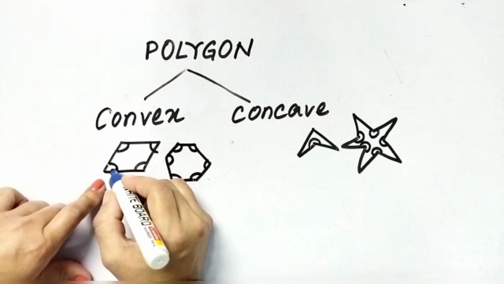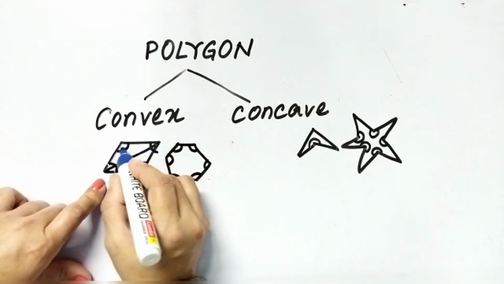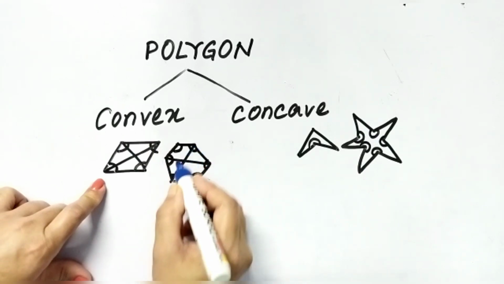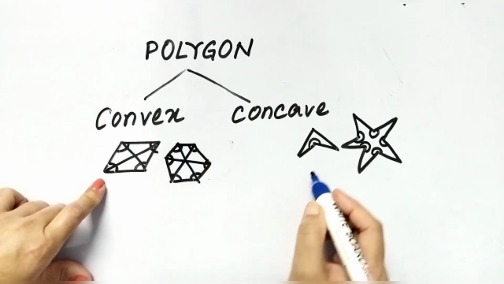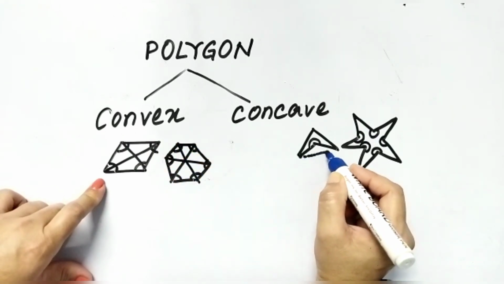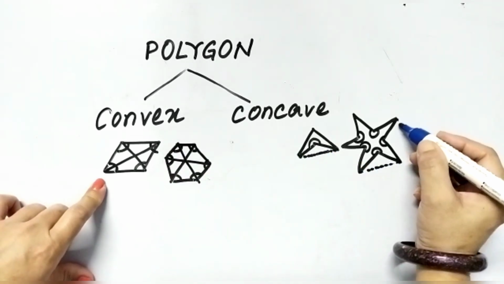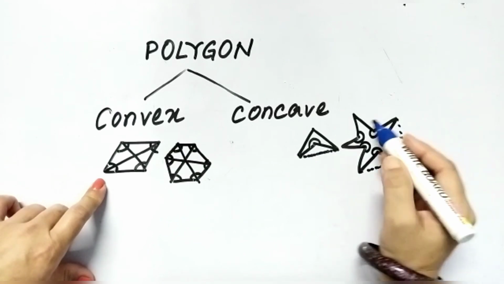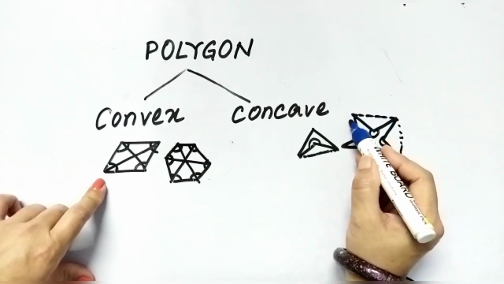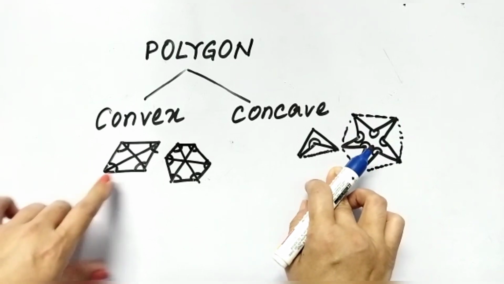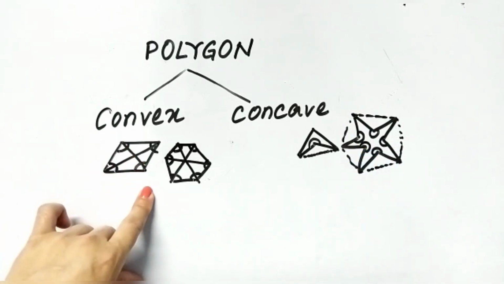Second reason, here all the diagonals are interior, but here one of the diagonals is exterior. Here these diagonals are exterior. So this is a concave polygon. These are the concave polygons and these are the convex polygons.